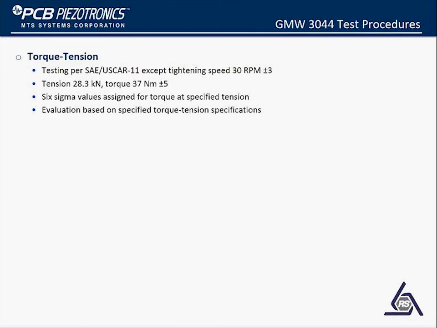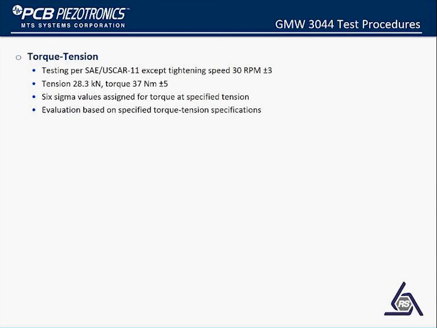And you'll notice here it references the SAE USCAR 11, as many OEM test specifications will do. They'll reference the ISO 16047 or DIN 946, or in this case, USCAR 11. In this case here, the testing will be done, except it wants a tightening speed of 30 RPM.